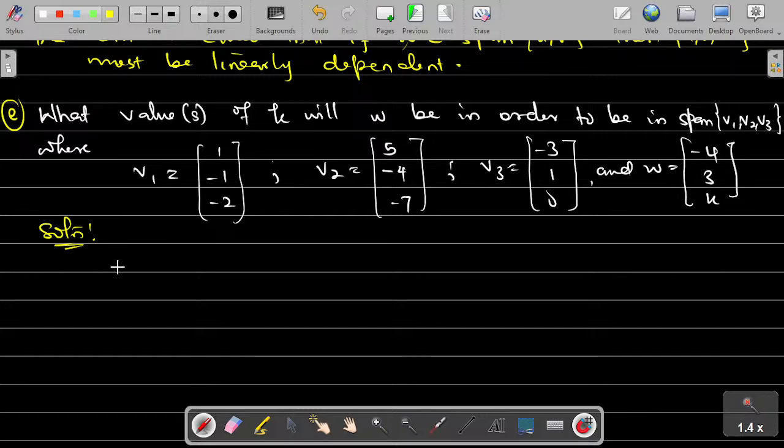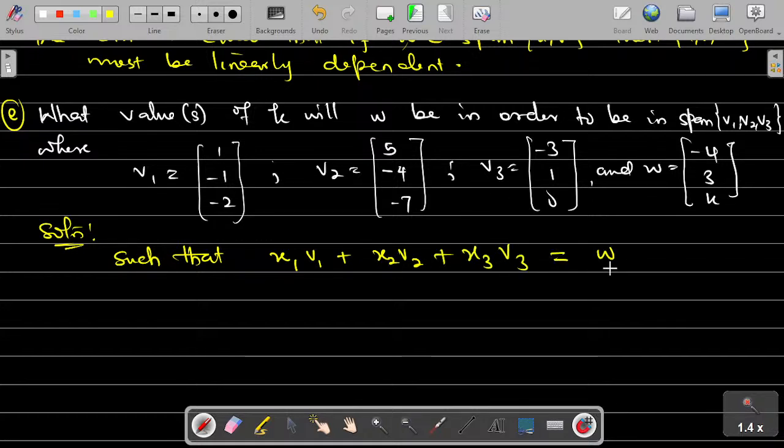So if and only if there exist scalars x1, x2, x3 such that, you are going to fill a space there, such that those scalars multiplying these vectors, x1 v1 plus x2 v2 plus x3 v3, will be equal to that w.